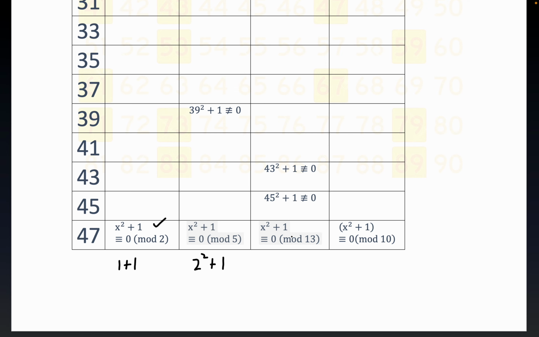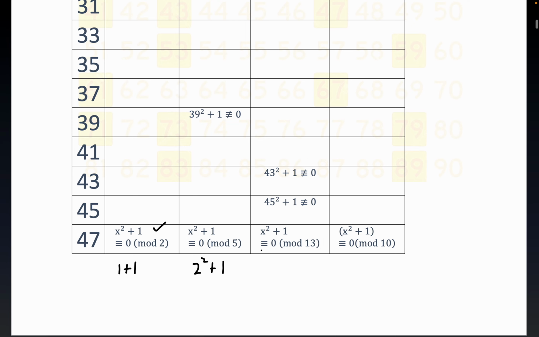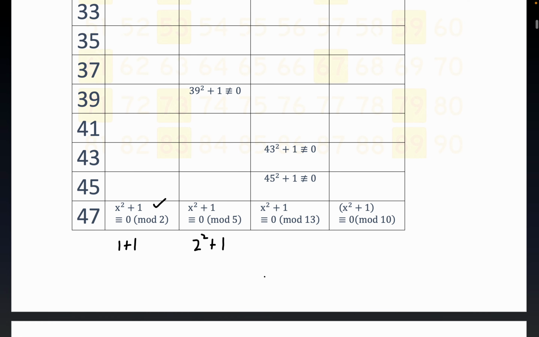Now let's check out this one, 47 squared again. What do we have right here? 47 is congruent to 8 mod 13. When you divide 47 by 13, 3 times 13 is 39, you have a remainder of 8. And so you would have 8 squared.